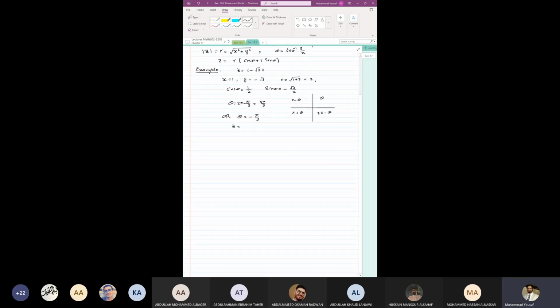Therefore, z can be written. And you know this from your Math 201 also, when you learned polar coordinates, that polar coordinates of a point are not unique.